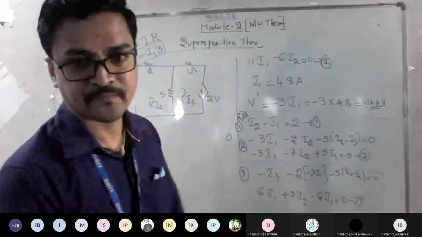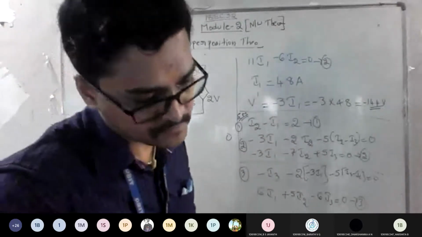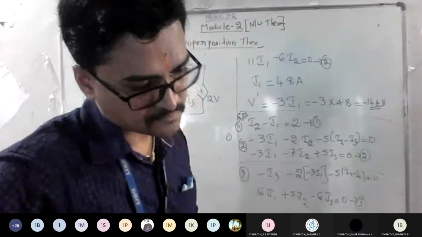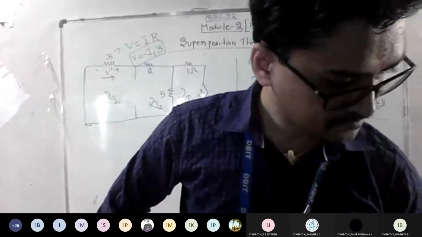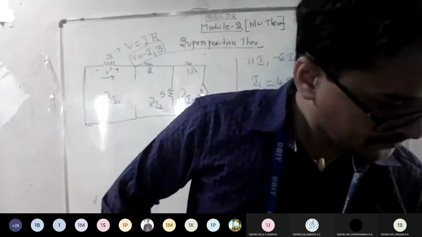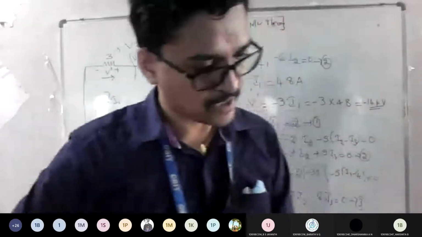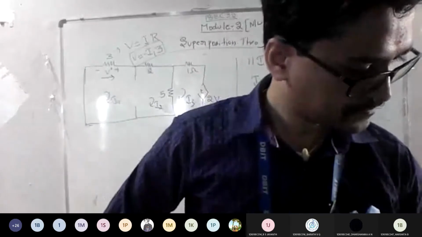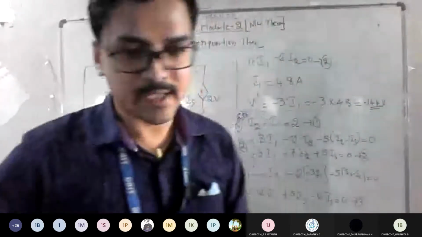That is your first equation. The missing term you should write. What's the answer for I1? How much here? What is the I1 answer?